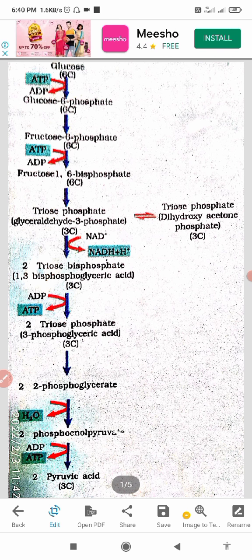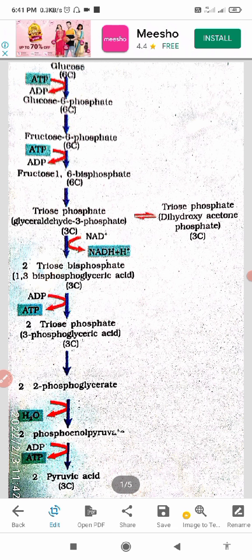Means NAD positive ion will absorb the electron from this triose phosphate molecule, and it liberates the hydrogen ion, which will participate in further reactions. This NAD plus gets converted into NADH, nicotinamide adenine dinucleotide, which results in the formation of two molecules of triose biphosphate having 3 carbon.